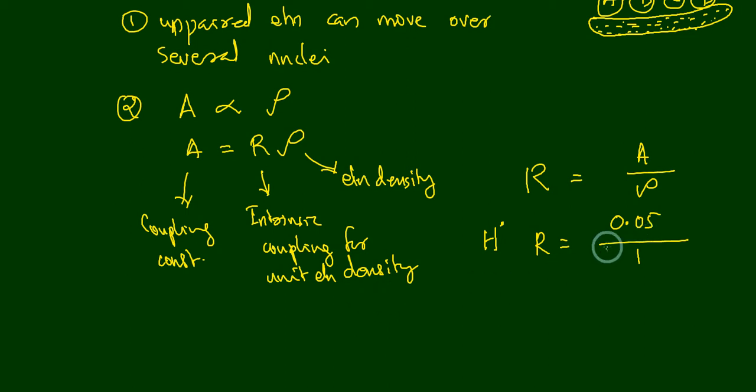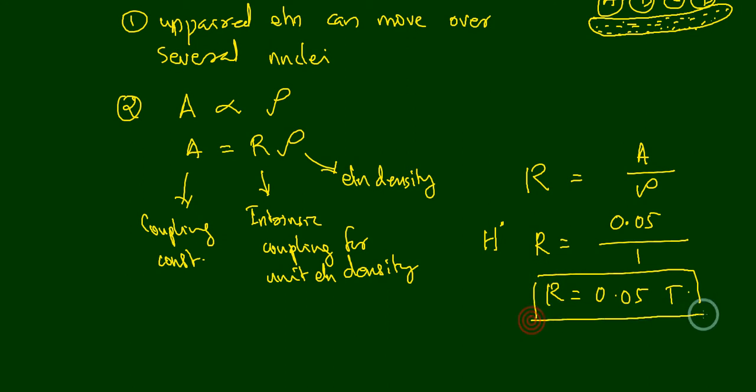So in the case of the hydrogen atom, R is equal to 0.05 Tesla. We will use this R value in many calculations that we are going to follow.